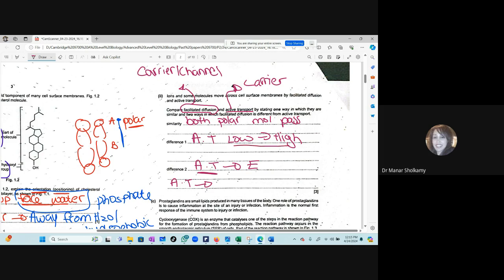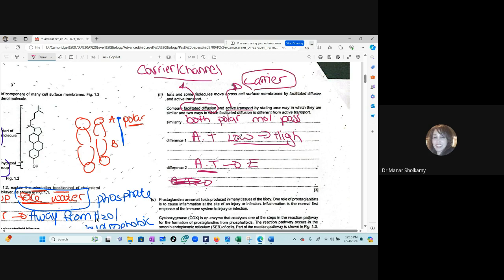We said it from low to high. Yeah, we said that. So we said the differences. Active transport needs energy. Facilitated diffusion, no energy. Active transport from low to high. Of course, facilitated diffusion from high to low. Facilitated diffusion needs a protein, whether carrier or channel. And active transport only the carrier protein that can change shape.